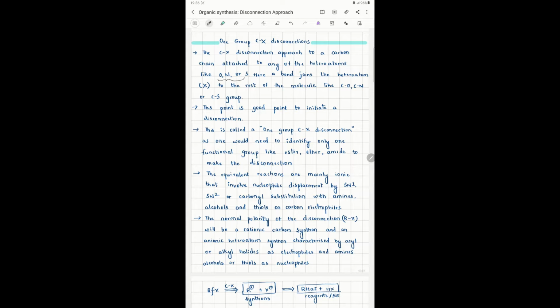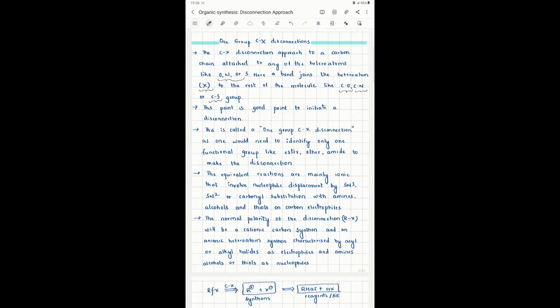Here a bond joins the heteroatom X, that means X is either oxygen, nitrogen or sulfur, to the rest of the molecule. Now the rest of the molecule can contain a carbon system forming C single bond O, C single bond N and C single bond S groups respectively.